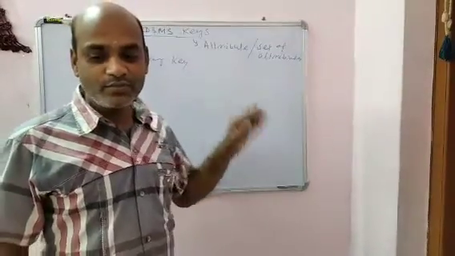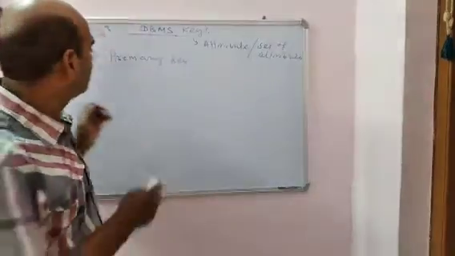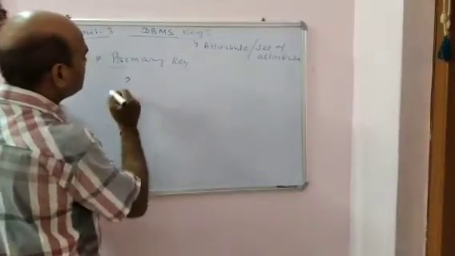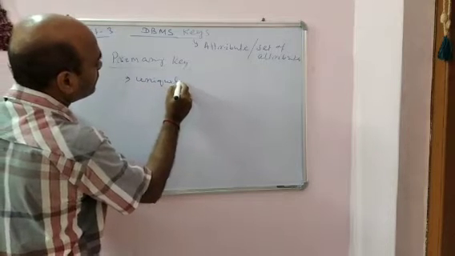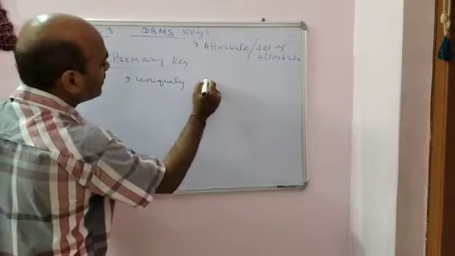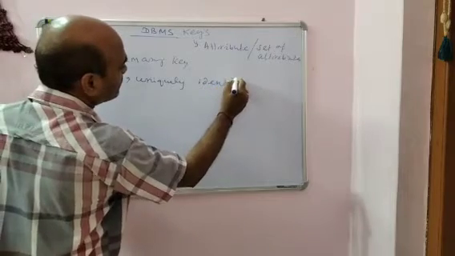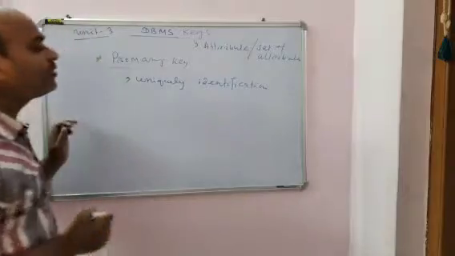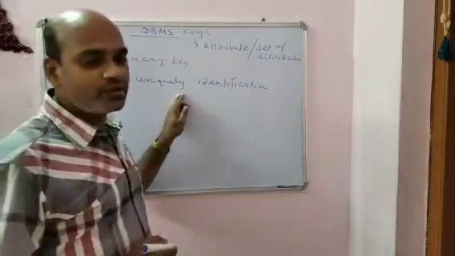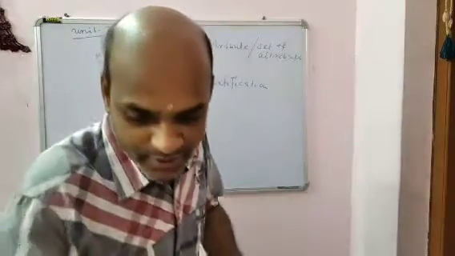Now, the first characteristic of the primary key: it is used for unique identification. It must be uniquely maintained, right?